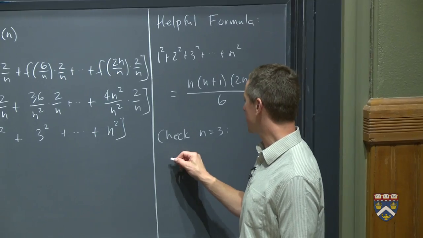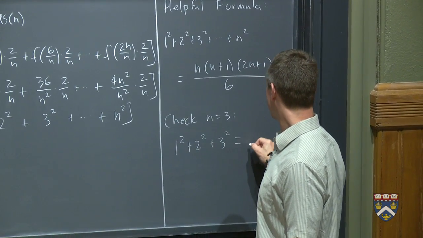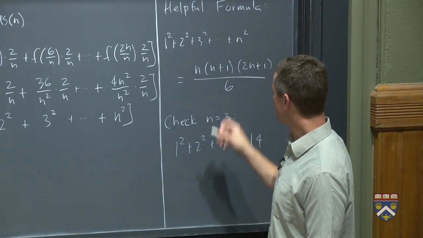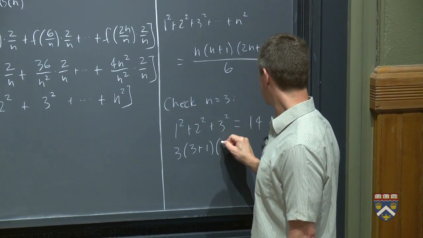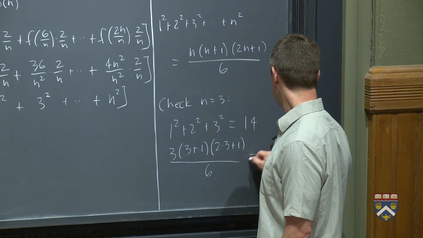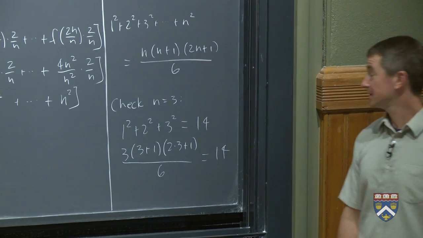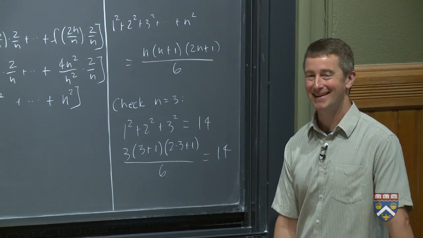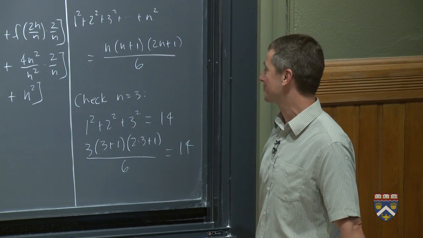So if I do 1 squared plus 2 squared plus 3 squared, I think we get 14. And if I plug 3 into this, 3 plus 1, 2 times 3 plus 1, all over 6, that also gives me 14. So it works at least for n equals 3, and you'll just have to take my word for it that it in fact works for any value of n, and that it is possible to prove that.